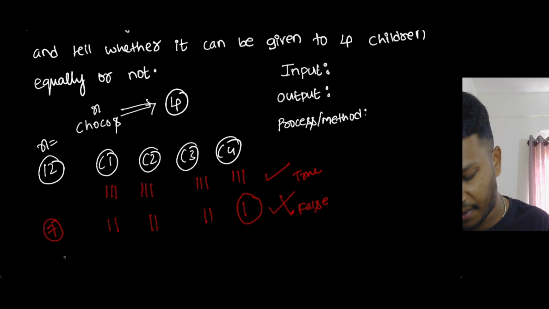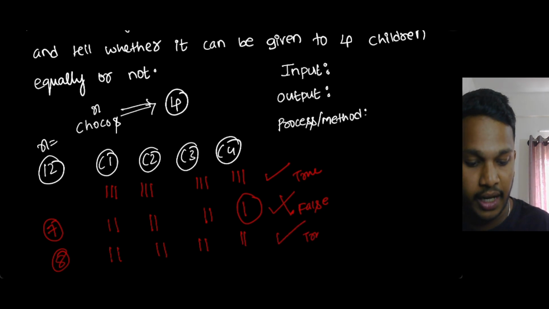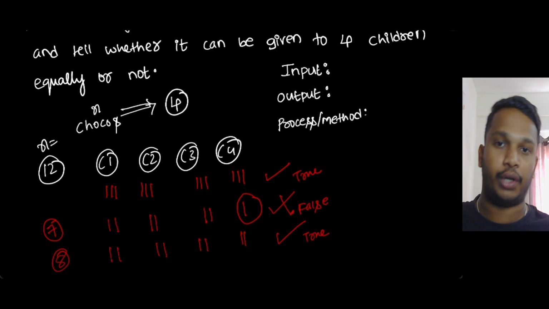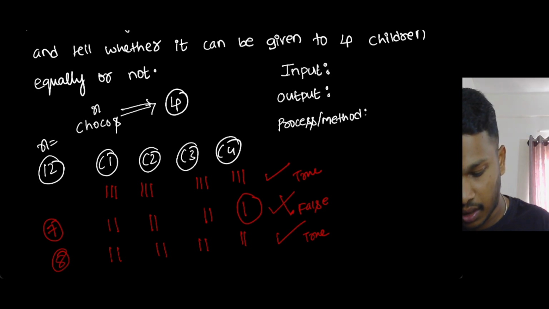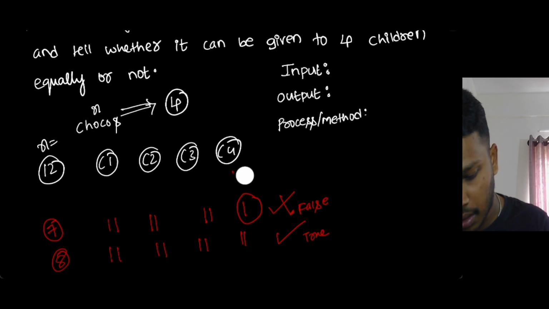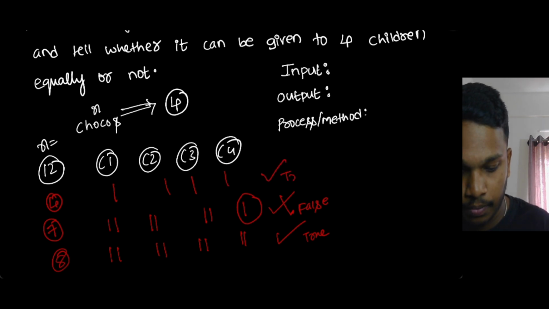If it is eight: one, two, three, four, five, six, seven, eight. Yes, correct. Every kid got two chocolates equally. If it is four: one, two, three, four. This is also true.